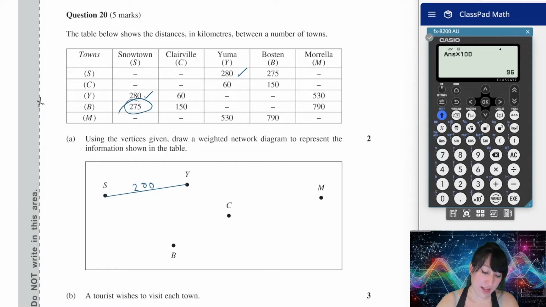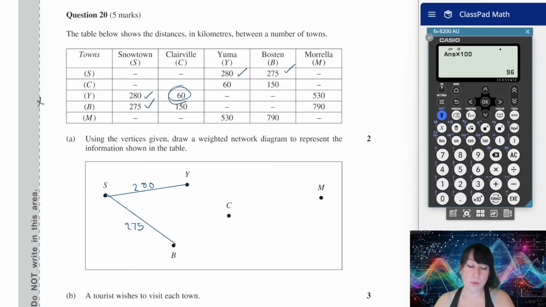So we'll connect them with a line. Next, we can look at Clareville connected to Yuma for a weight of 60. And Clareville connected to Boston for a weight of 150.